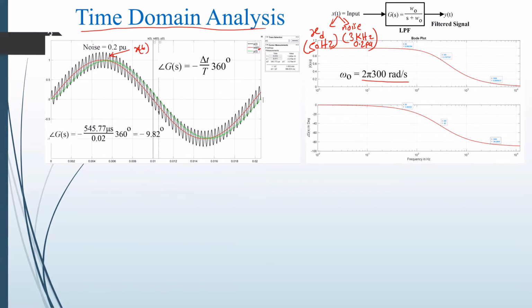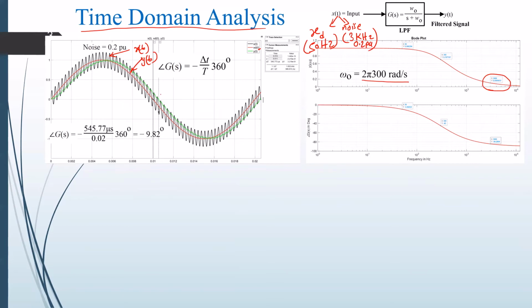This X of t has your fundamental 50 hertz component, and it has the noise of 3 kilohertz at 0.2 per unit. And you can see the green curve. This green curve is basically the output of the filter, and it has very little high frequency component, because of the very low gain at the high frequency.